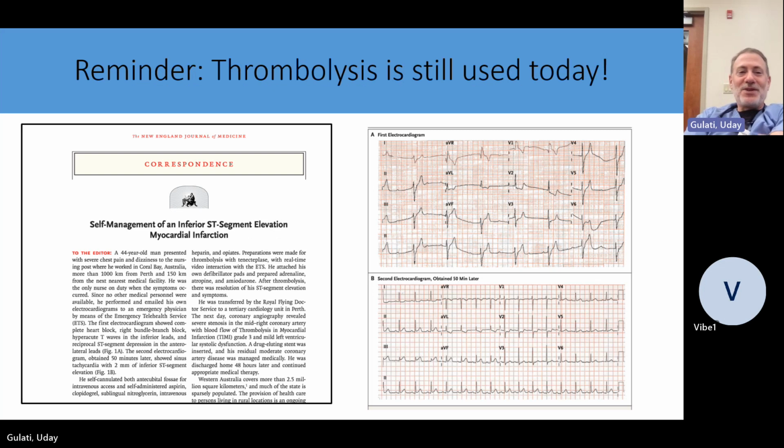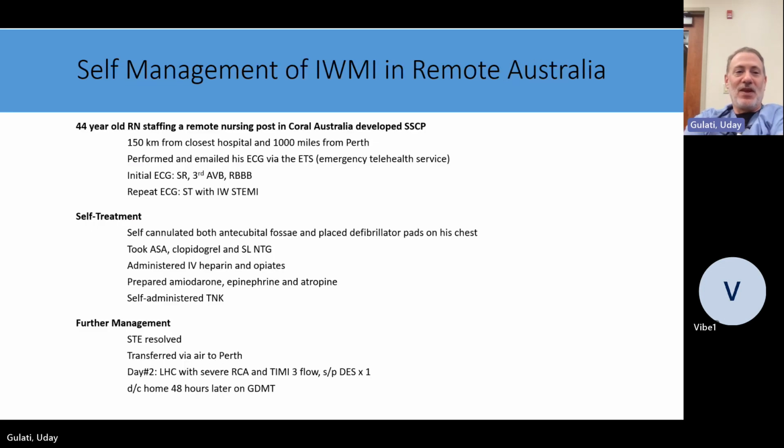This is a pretty neat case. Just to remind everybody that thrombolysis is still used today. So, a 44-year-old nurse who was staffing a remote nursing post in Coral, Australia, developed chest pain. He was 150 kilometers from the closest hospital, and 1,000 miles from Perth, which was the largest city.